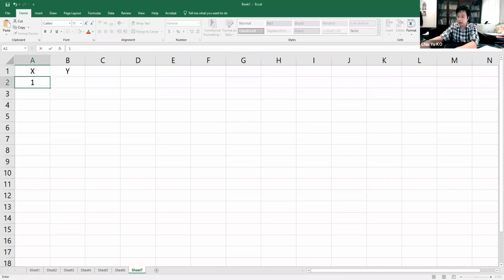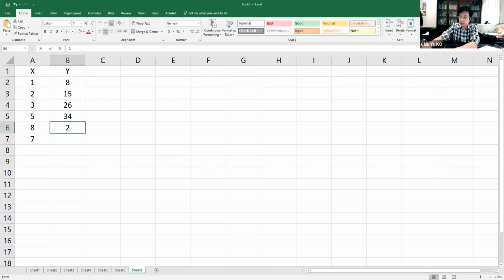Suppose I have data like 1, 2, 3, 5, 8, 7, whatever numbers you want to put in. I don't know what it is, just some numbers. You can make it longer or shorter, it doesn't really matter. So there's a bunch of data, this x and y, and we want to run a regression. We want to estimate, say, beta and alpha.